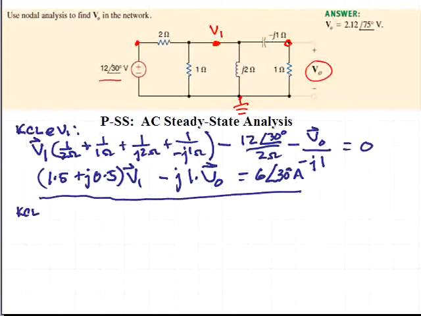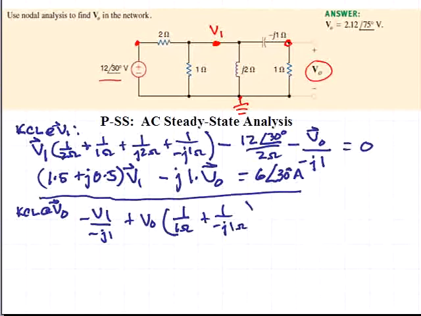If we do a Kirchhoff's current law summation at the node VO, we'll have minus V1 divided by minus J1 plus VO times the sum of the connected elements, 1 over 1 ohm plus 1 over minus J1 ohm.